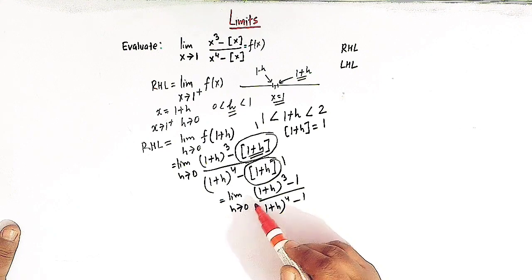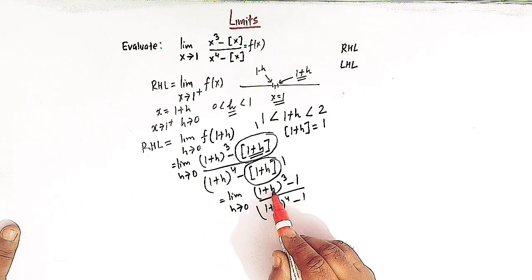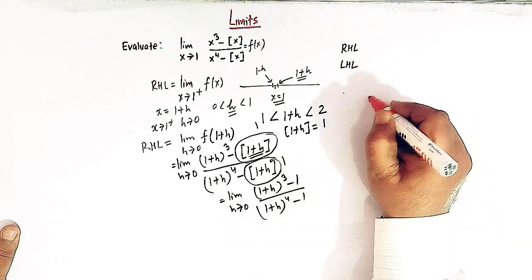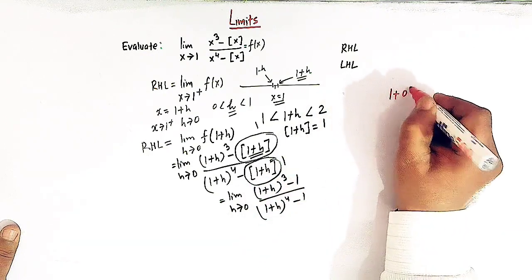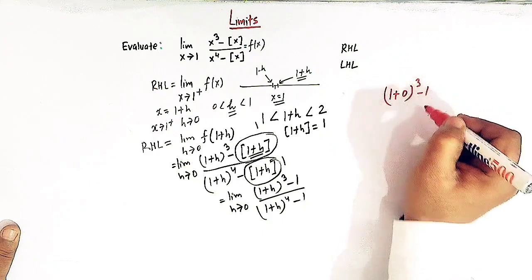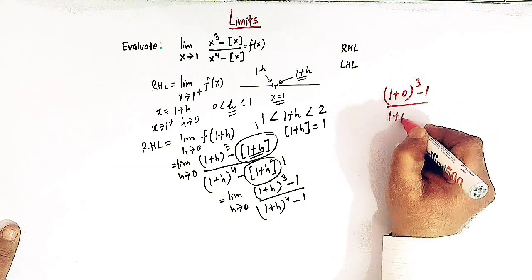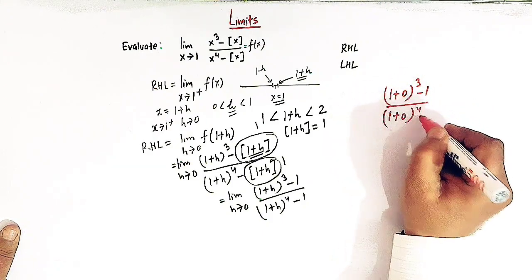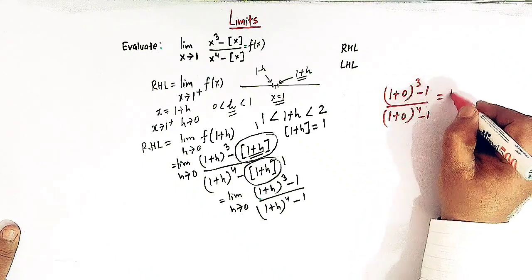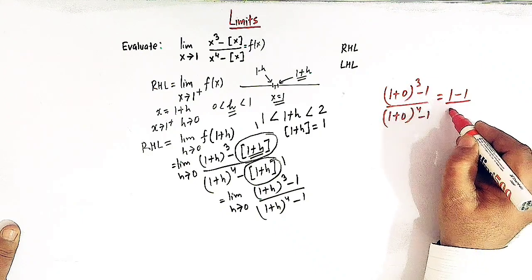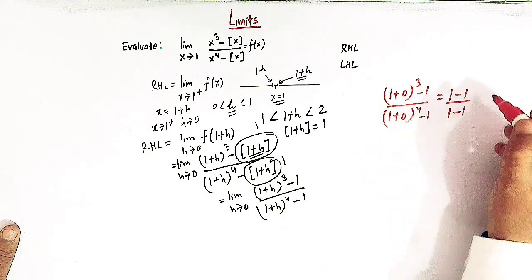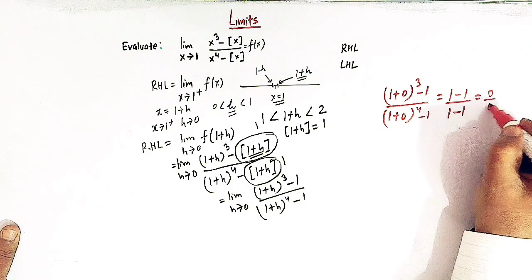So now if we take h equal to 0, then the expression becomes (1 plus 0) cube minus 1, and here we have (1 plus 0) raised to 4 minus 1. So this is 1 cube, 1 cube is 1, here we have minus 1, then 1 raised to 4 is 1, and here we have 0 over 0, right?